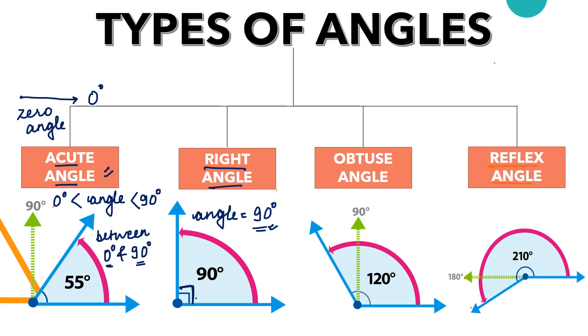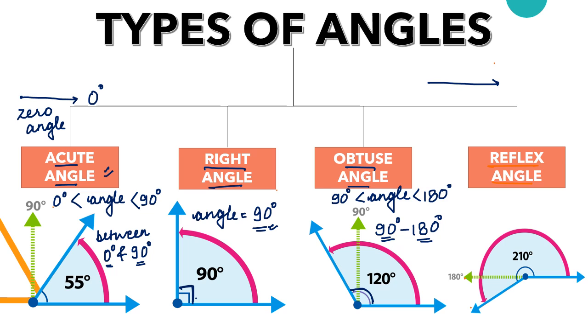If the measure of any angle is greater than 90 degrees and less than 180 degrees, 180 degrees being the straight angle, then that angle is called an obtuse angle.